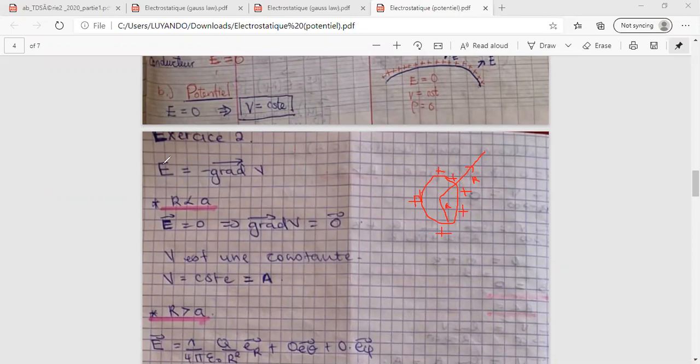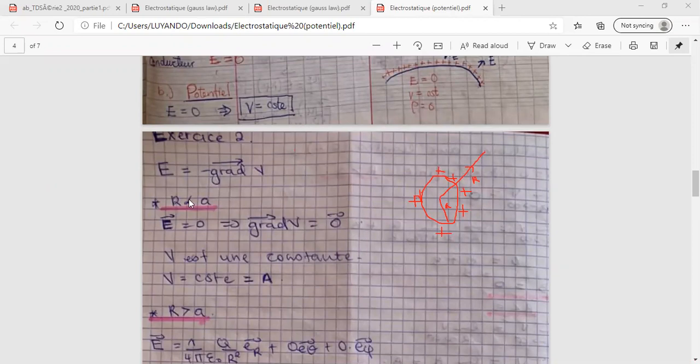We're going to use our formula, which we just did today: E is equal to the negative grad of V, for us to calculate our potential. So how did we come up with the potential?